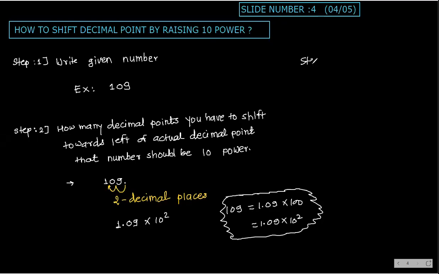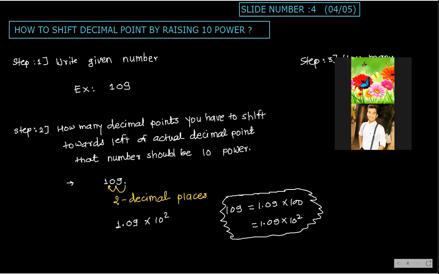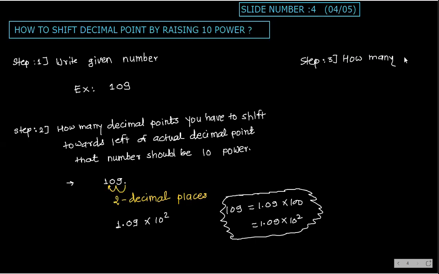Step number 3. If I want to shift this side decimal place, how many decimal points do you want to shift?